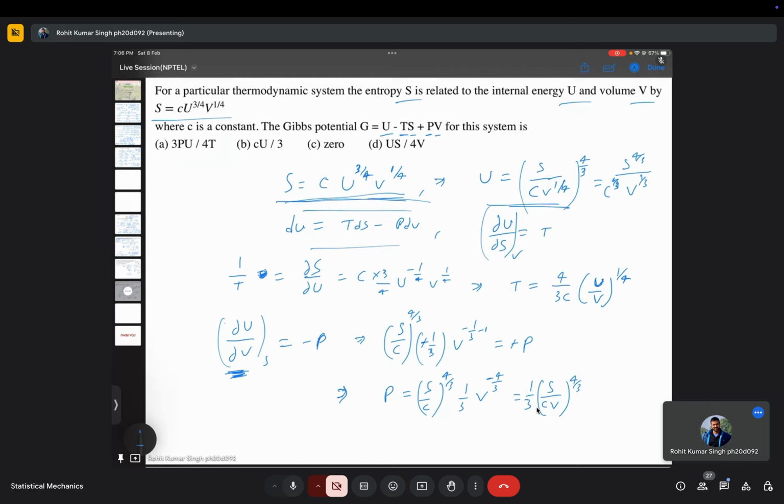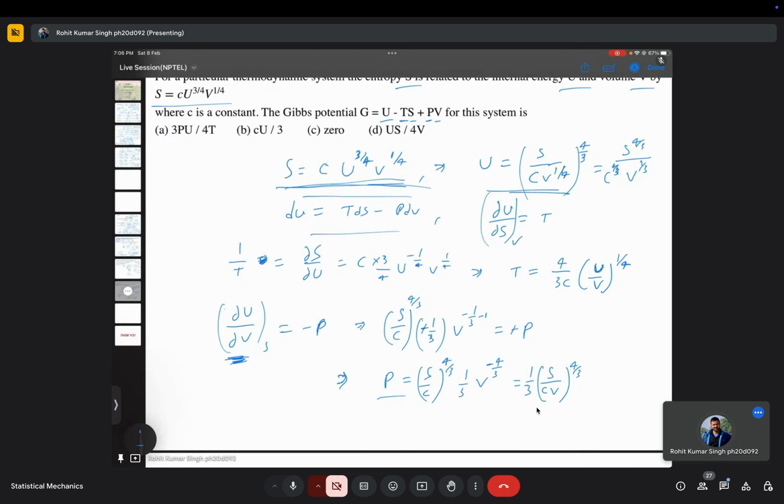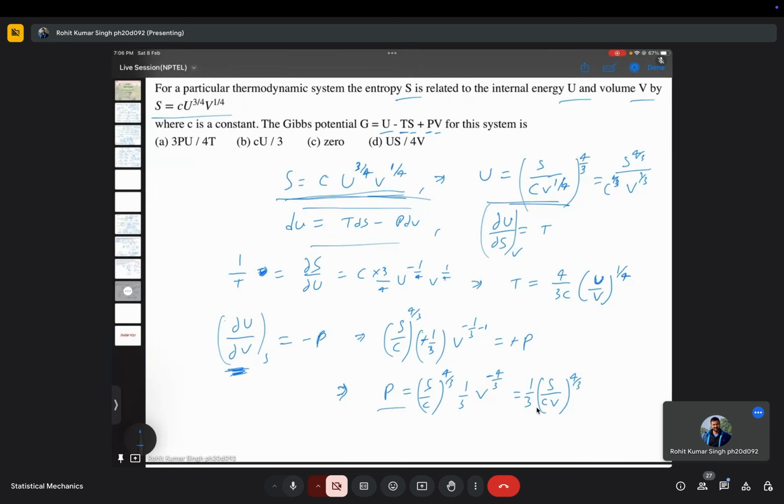And so what I got is this. Pressure is equal to 1/3 (s/c_v)^(4/3) over v^(1/3)... this is what I got.